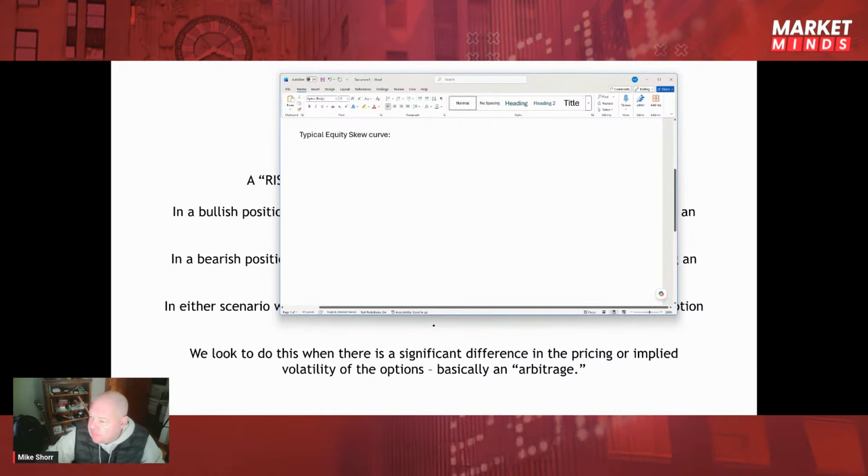Pardon my bad writing here, but your typical equity skew curve will look something like this, with this being at the money. Okay, everybody with me on that?